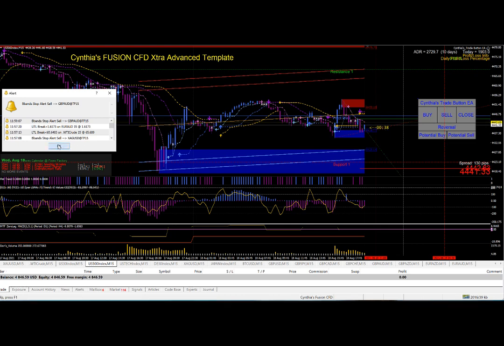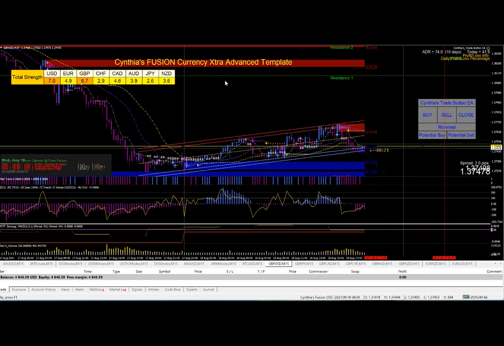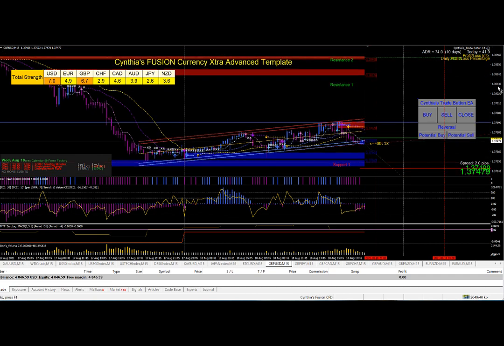introduction to the basic, advanced, and extra advanced templates, and hopefully you'll see that maybe you'd like to upgrade from the basic template after you have become familiar and very comfortable with the indicators and the way all the indicators work together.